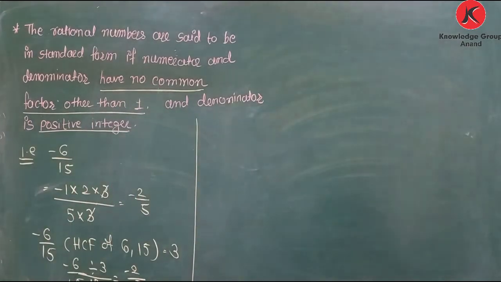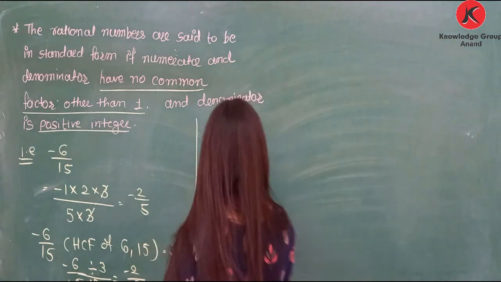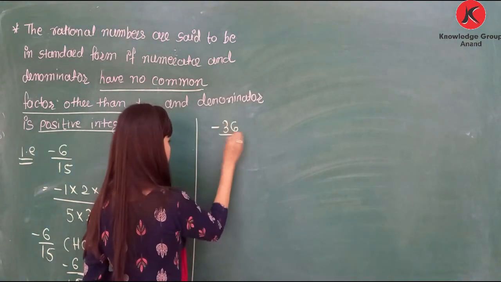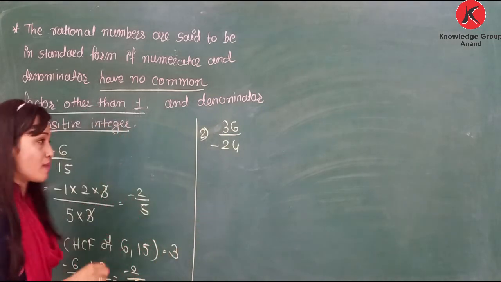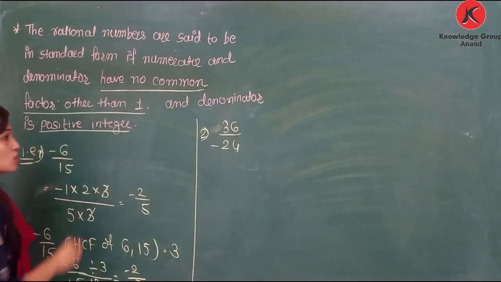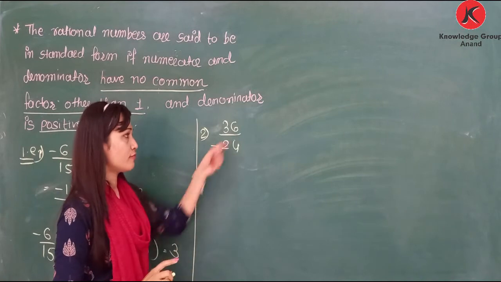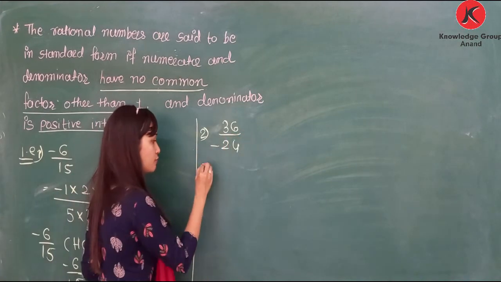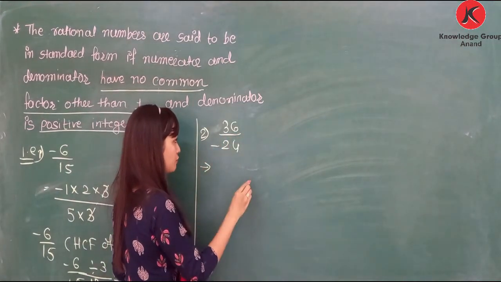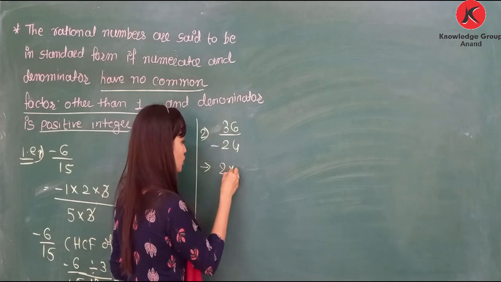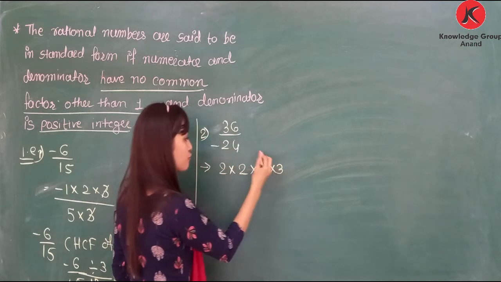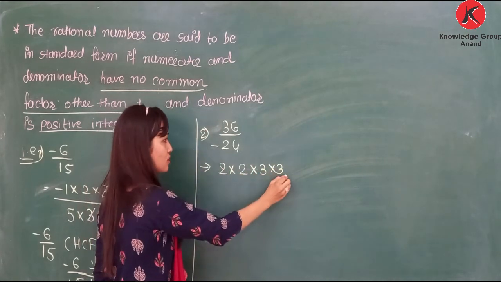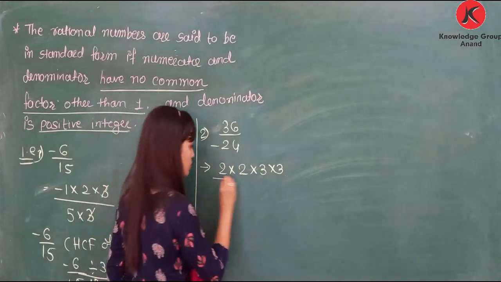If we take the example of 36 by minus 24. If we apply the first method, first we find the factors of 36: 2 twos are 4, 3 threes are 9, so 9 fours are 36.